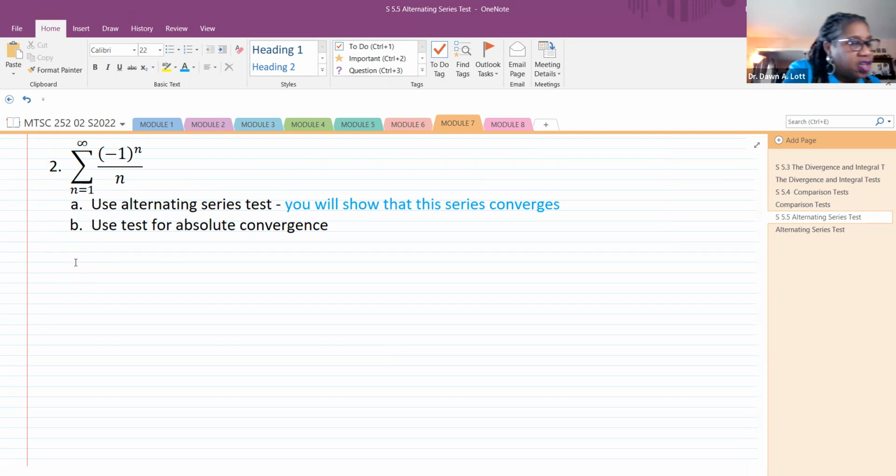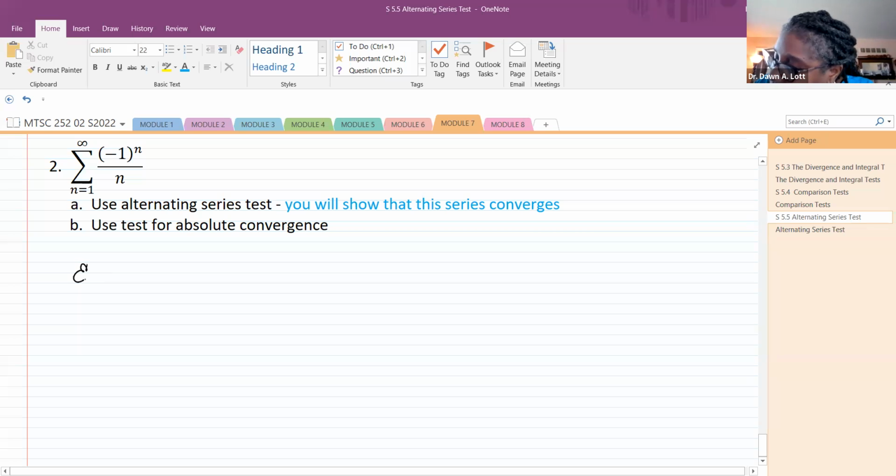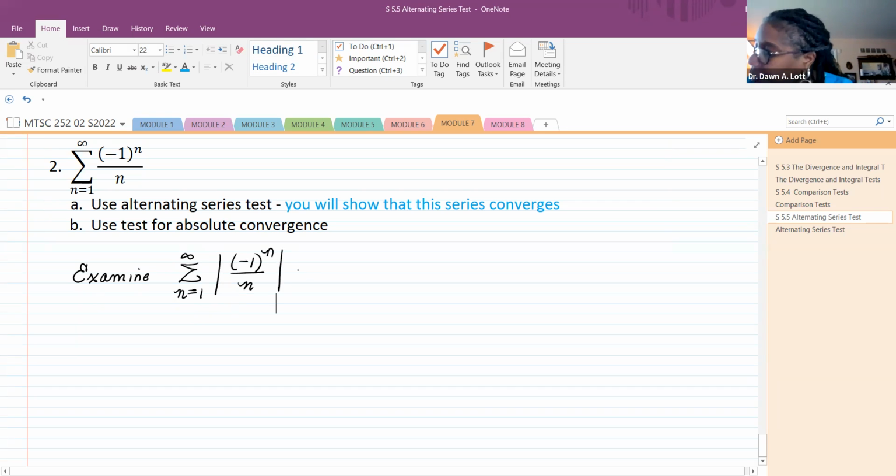So the test for absolute convergence says what? Let's examine the summation n equals 1 to infinity of the absolute value of this. Well, that is just the sum n equals 1 to infinity of 1 over n. So the absolute value of our terms looks like just this series.